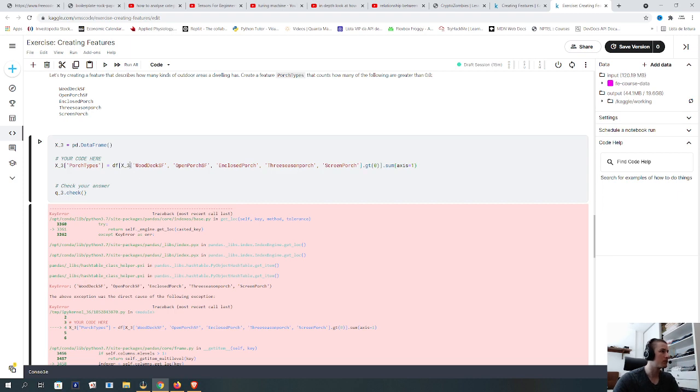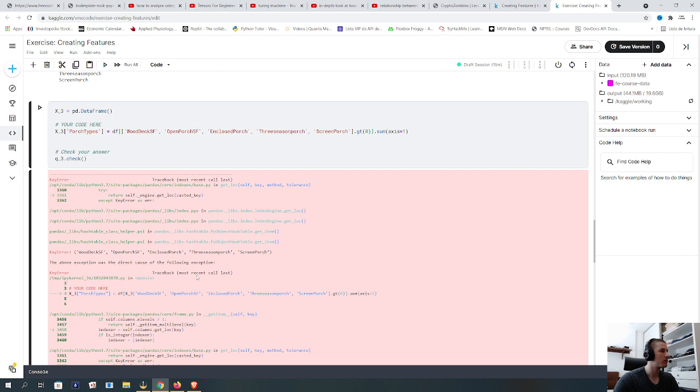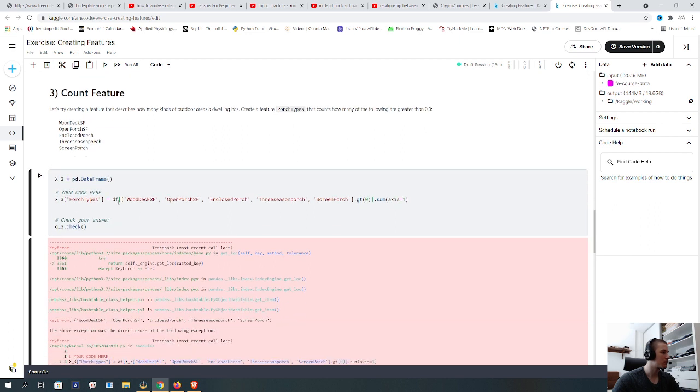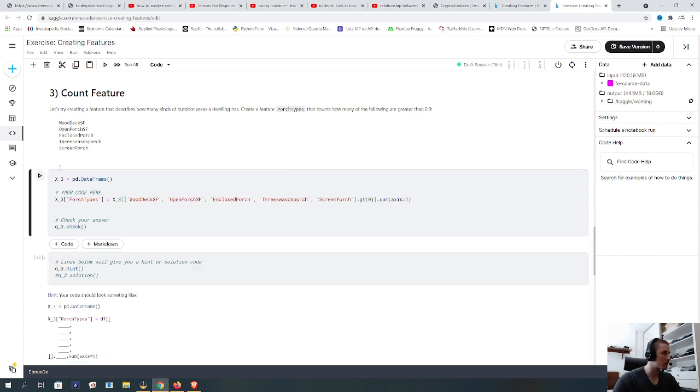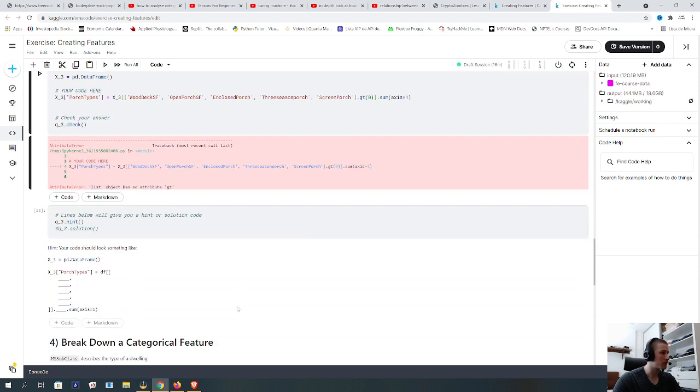Oh, maybe it's the X3 here? Yeah. How about that? Yeah. No, I think it's correct. This object has no attribute greater than.